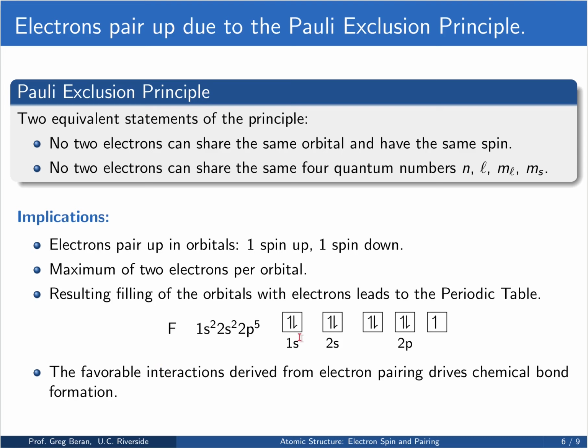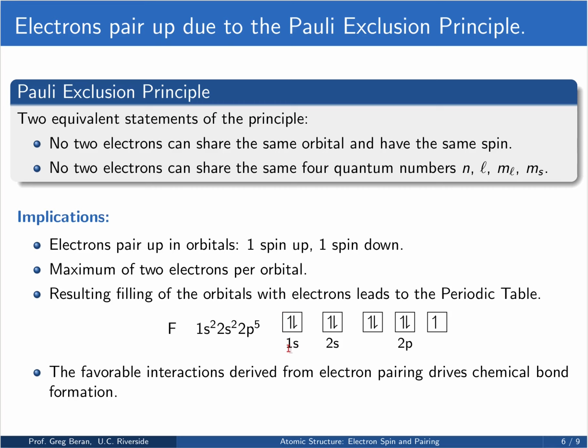We fill 2 electrons in the 1s orbital, 2 in the 2s, and then 5 in the 2p's, spread out over all 3 2p's. And the reason we do this is because of Pauli exclusion, we can never put more than 2 electrons in one orbital. Recall, the 1s orbital is the lowest energy. If we could put more electrons in an orbital, we'd put them all in this 1s orbital, but we can't.